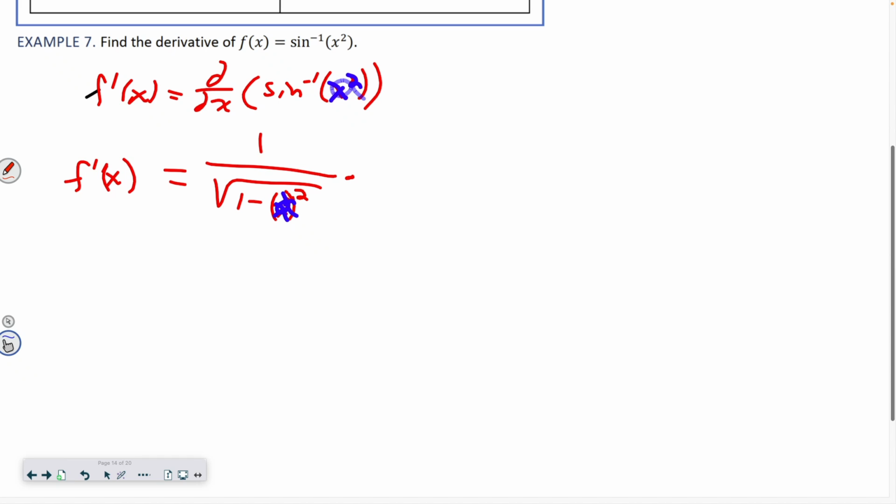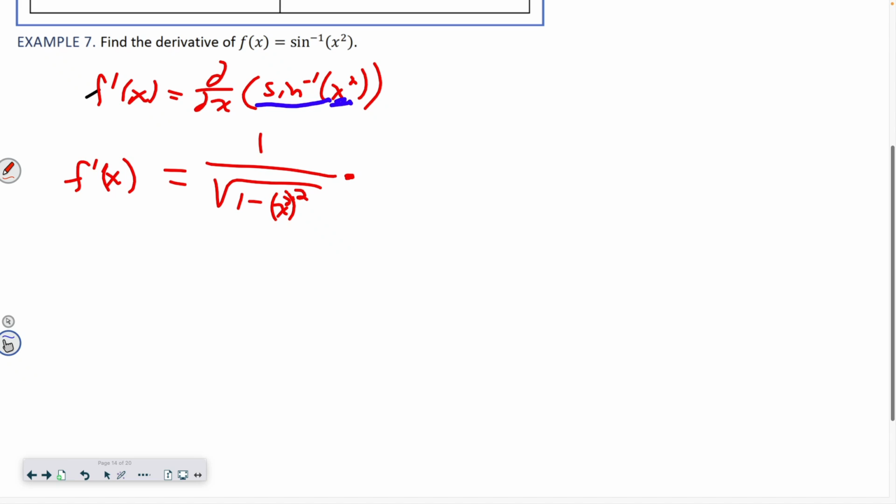Right? Hey, gentlemen, if this isn't just plain x, then we have an inner function g. So this is the chain rule.